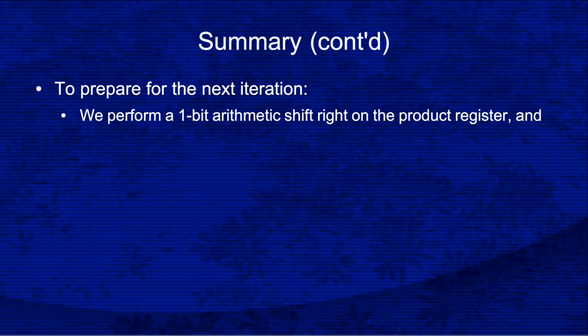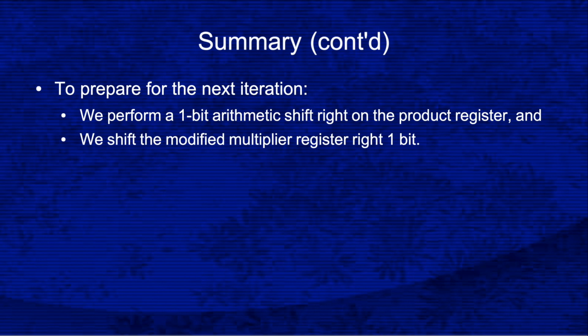To prepare for the next iteration, we perform a 1-bit arithmetic right shift of the product register, and we shift the modified multiplier value right by 1 bit.